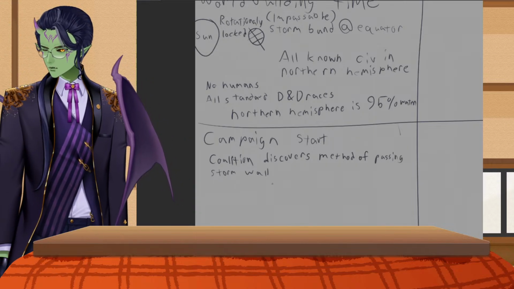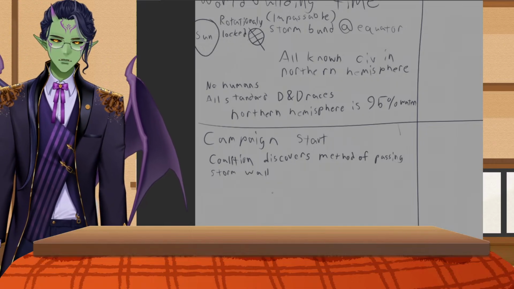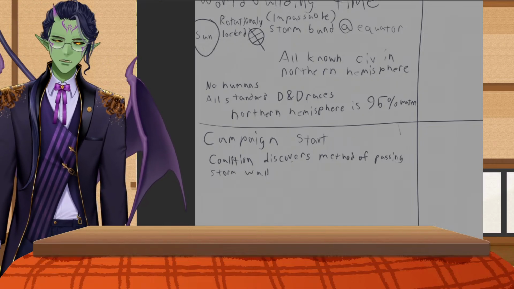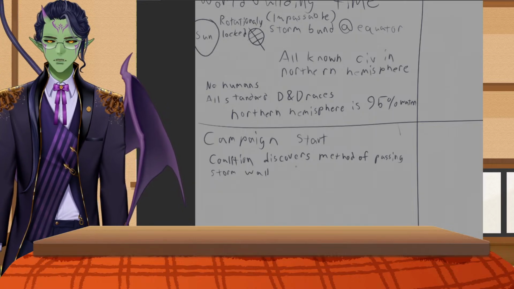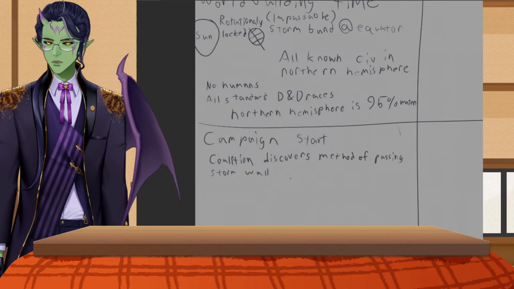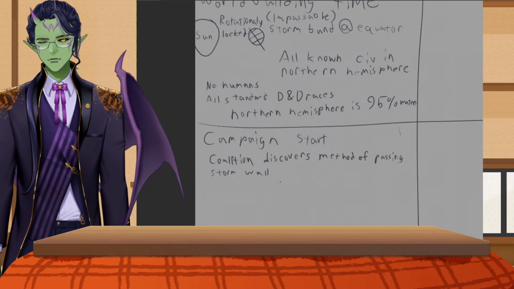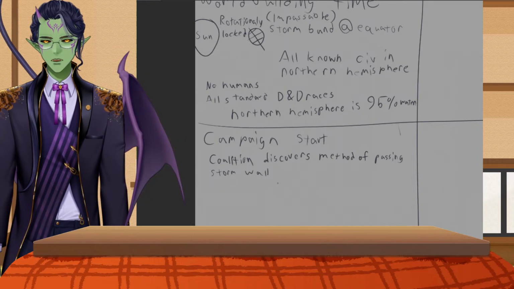So, the coalition discovers a method of passing the storm wall. And they send a fleet of ships. They all group together and they send a big fleet down south to get past the storm band, or storm wall, whatever I decide to call it.